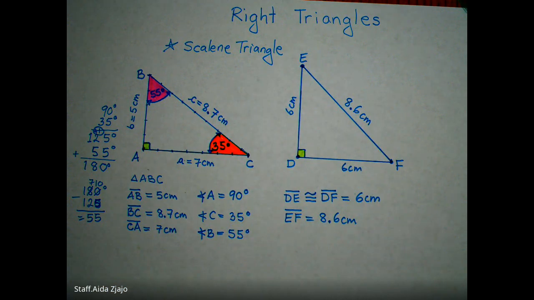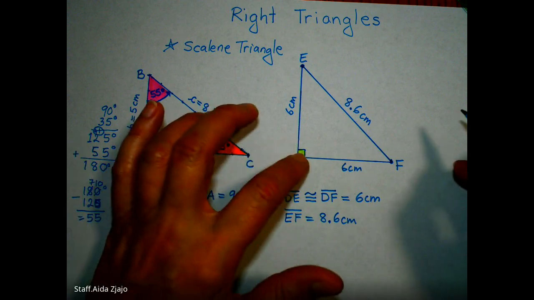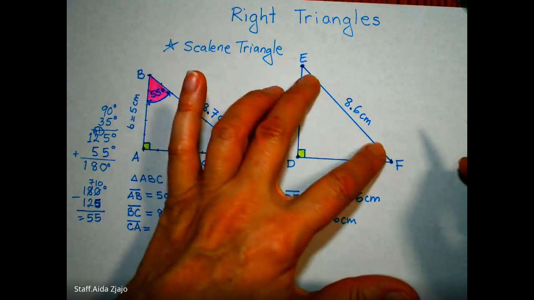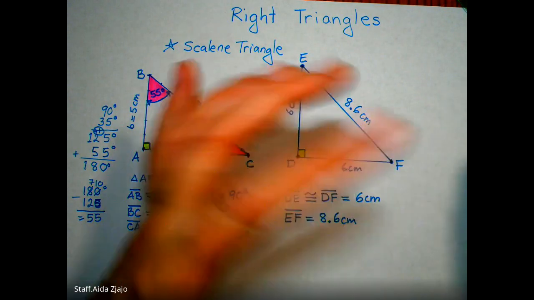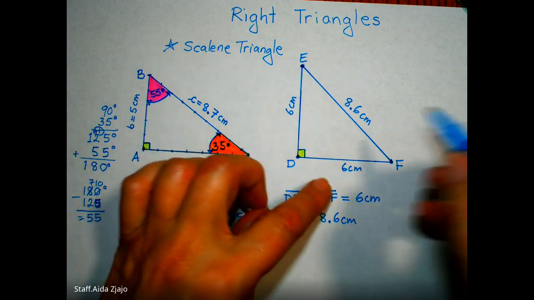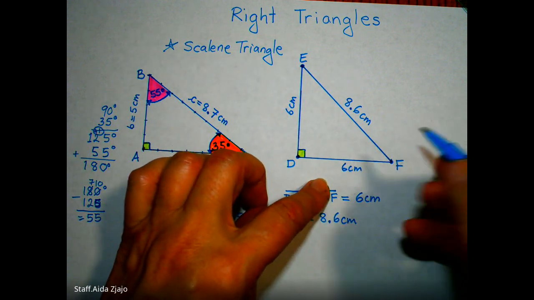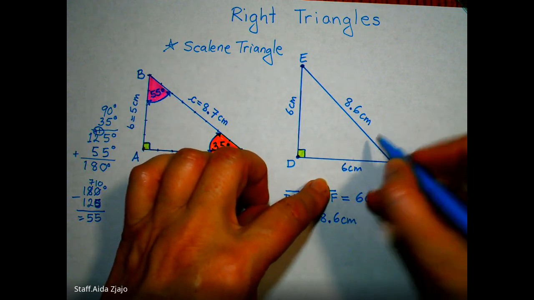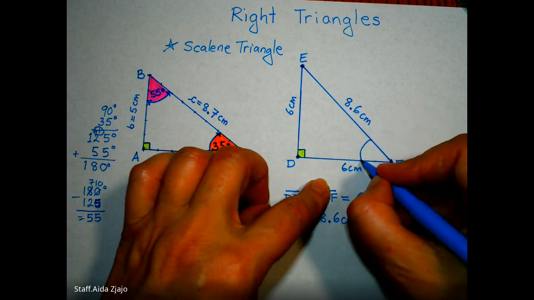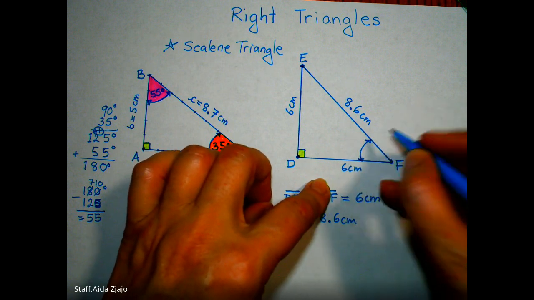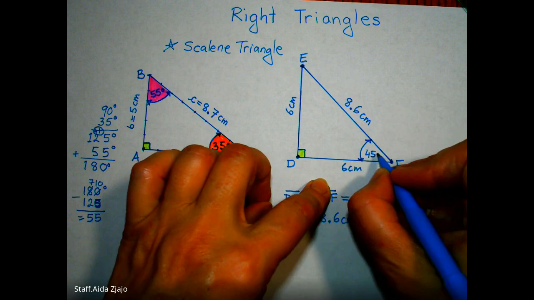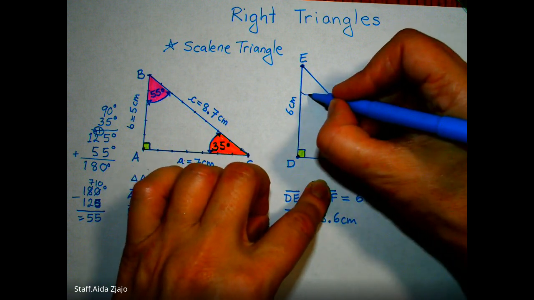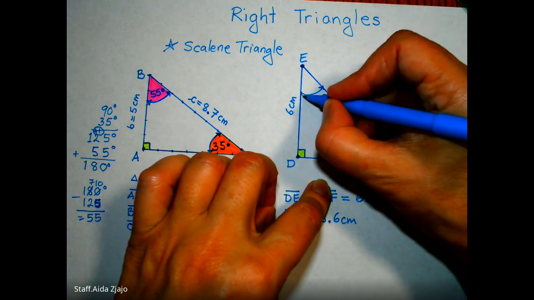So we know that 90 is this. So these two have to share 90. You can think that way. So 90 divided into 2 would be 45 and 45. So this has to be 45 degrees, and this also has to be 45 degrees.